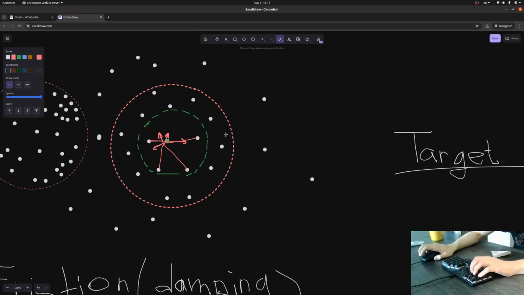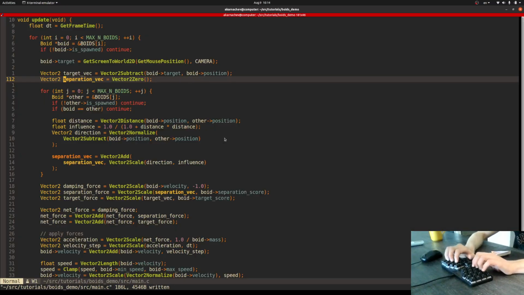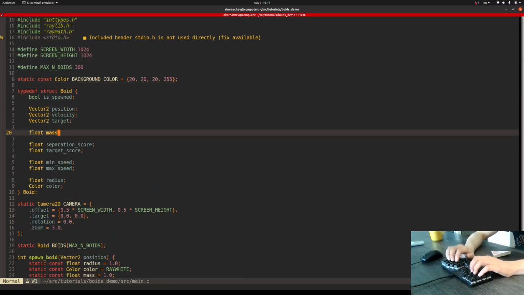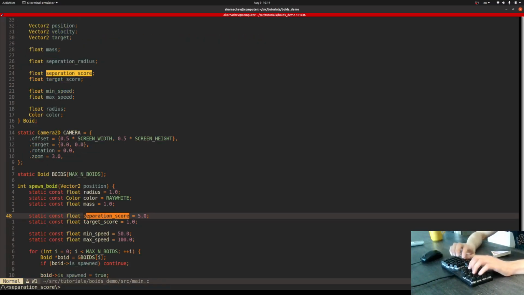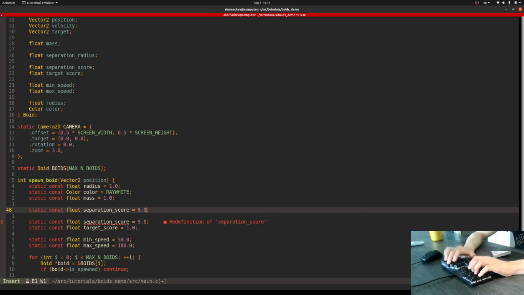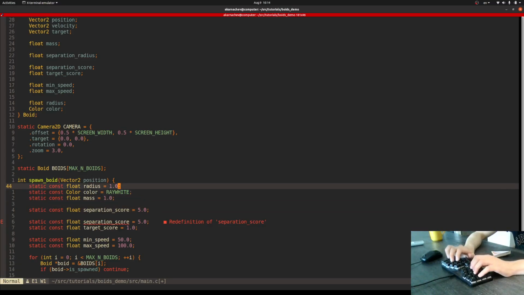How can we achieve this? Well, let's introduce some sort of a radius, separation radius. Let's say here float separation radius. So boids have radius 1, so these little dots on the screen basically have a diameter of 2, because radius is 1, diameter is 2.